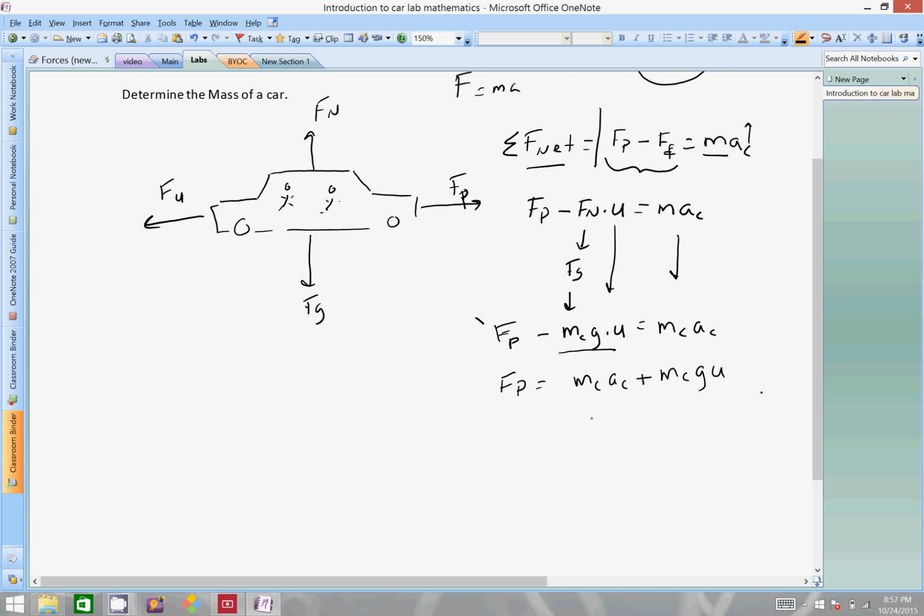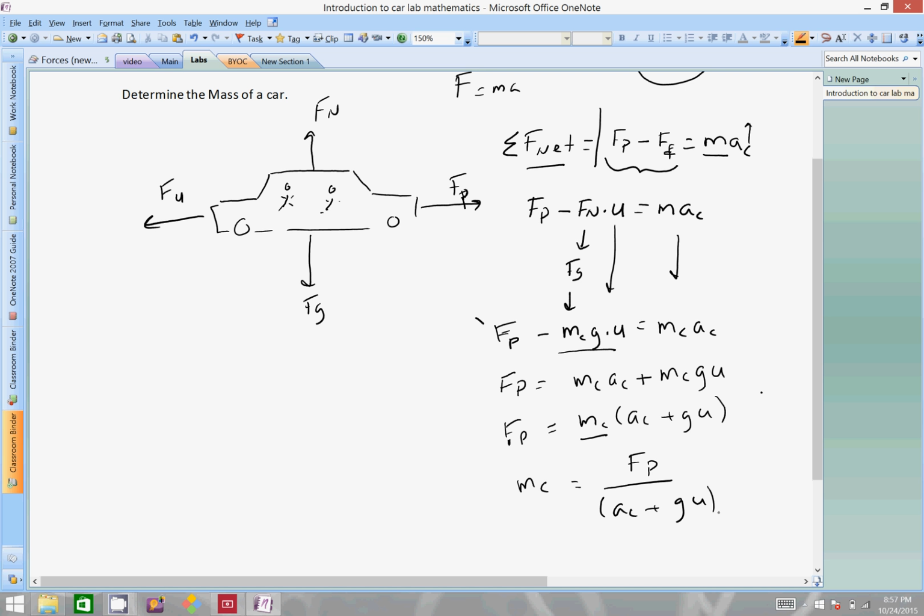I'm going to factor out the mass of the car: the mass of the car times the acceleration of the car plus gravity times the coefficient of friction, equals the force applied by people. Then I'm going to solve for the mass of the car. The mass of the car is equal to the force applied by people divided by the acceleration of the car plus the gravity times the coefficient of friction.